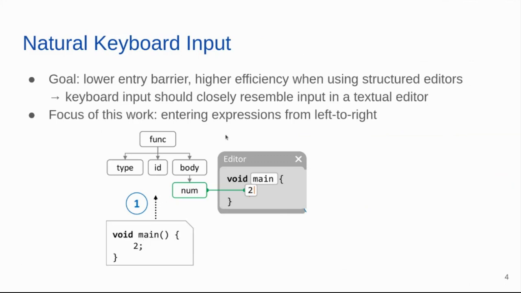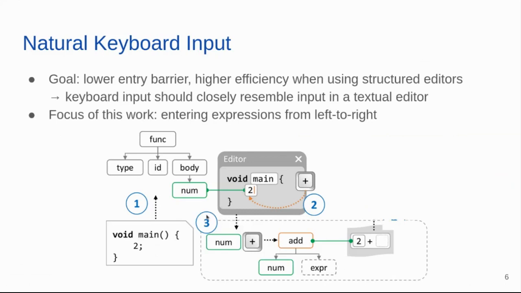This figure down here paints the picture of where we want to be in the end. You can see here maybe a Java-like language, which in turn is parsed and turned into this sort of AST, and gets represented in this structured editor back here. You can see the cursor, the various elements that are editable, etc. If the user provides a new input, such as this plus sign, we want to recognize that their most likely intent would be to turn this 2 into an addition, a 2 plus something.